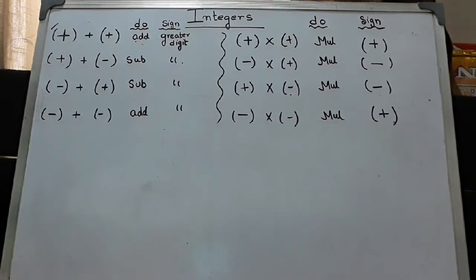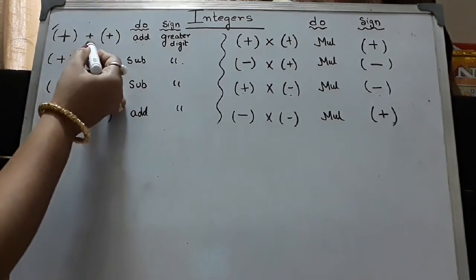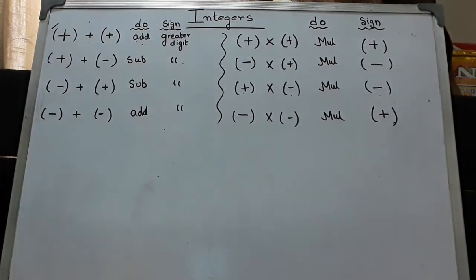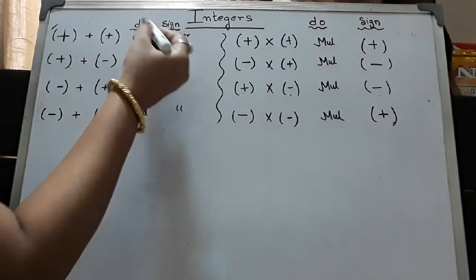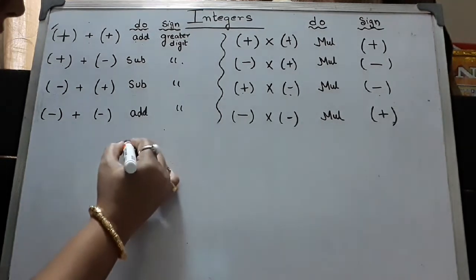So let's start. First comes plus. You have to add plus. So when you add plus and plus, suppose plus 2 plus 7, what happens? You have to do addition, but you have to put the sign of the greater digit. Are you confused? So let's show some example.